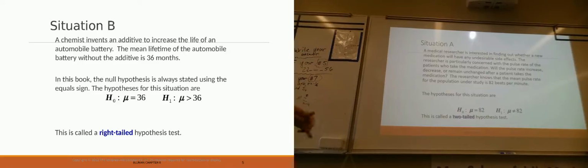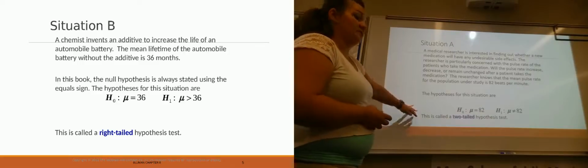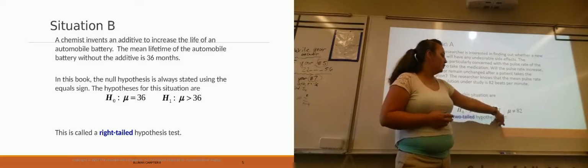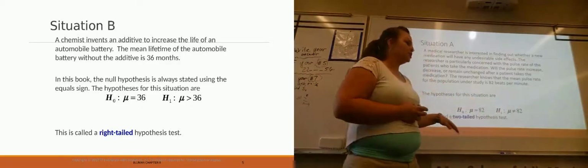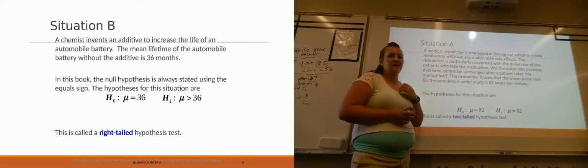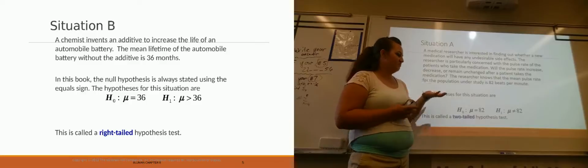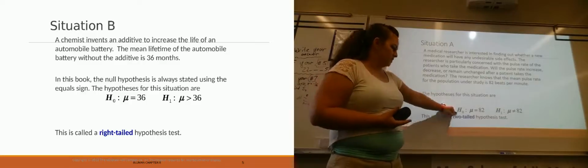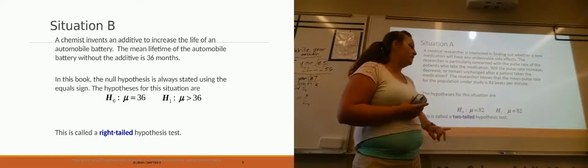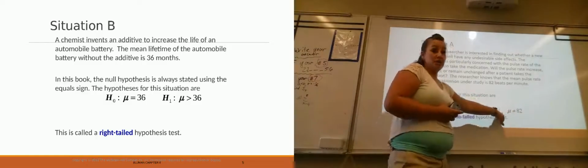So what we're going to say is we have two different hypotheses. We always have two different ones: our null hypothesis and our alternative hypothesis. Pay attention to where your punctuation is. So it's H naught, colon, and then we're usually going to have mu equals something, and mu either does not equal something.